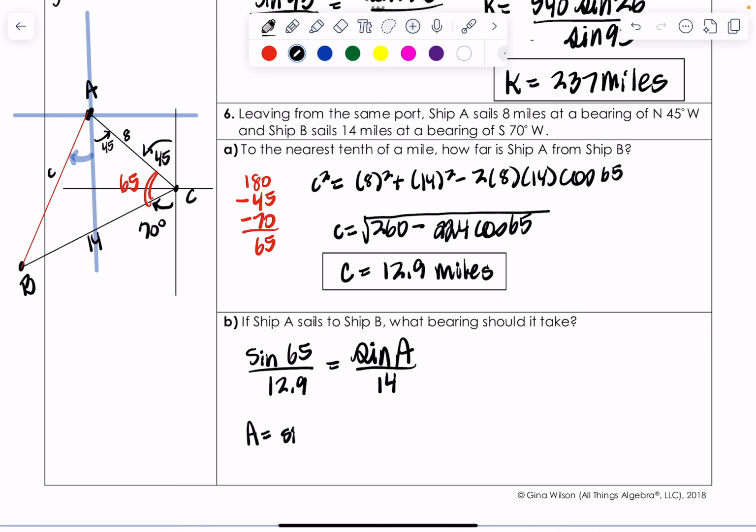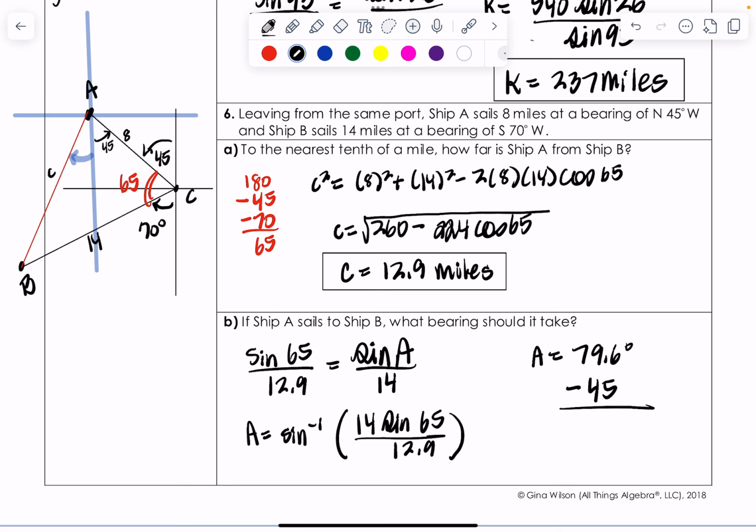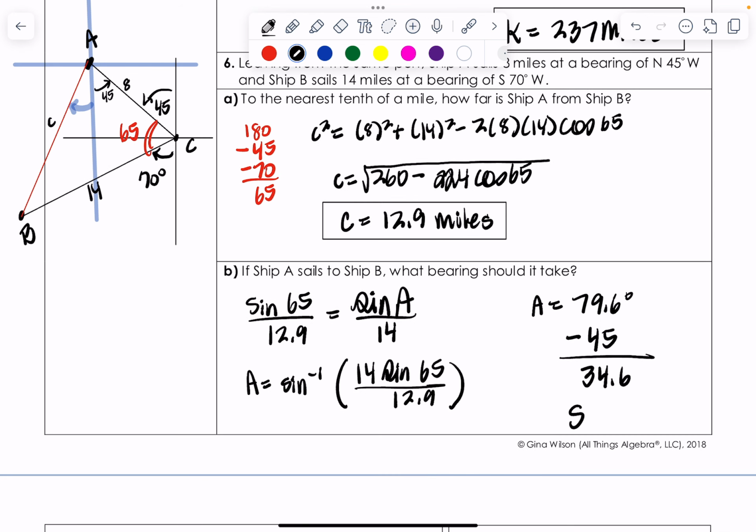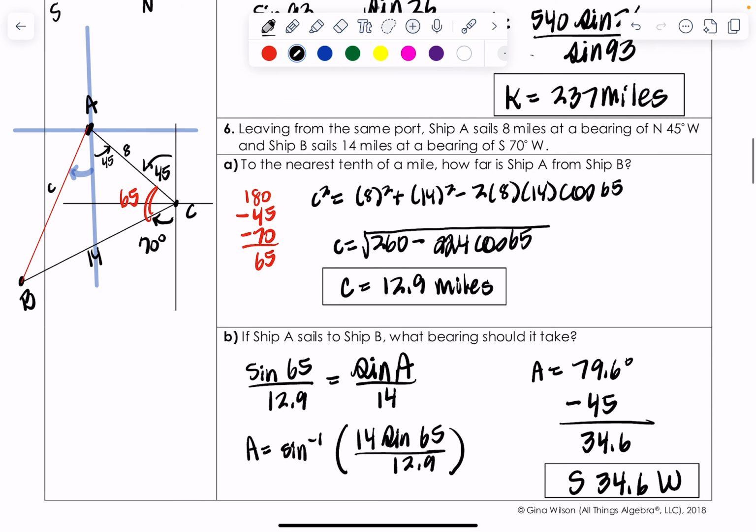So A is the inverse sine of all that. So that tells us it's 79.6 degrees with a whole angle. If I subtract out that 45, because I don't need that piece, so that means the bearing would be south, 34.6 degrees west, because it's to the west from there. All righty, we have finished this. Wonderful.